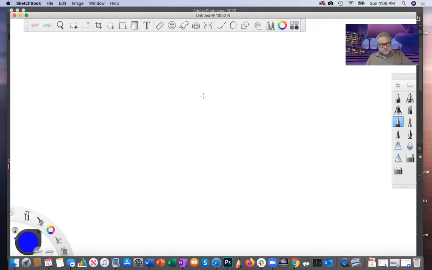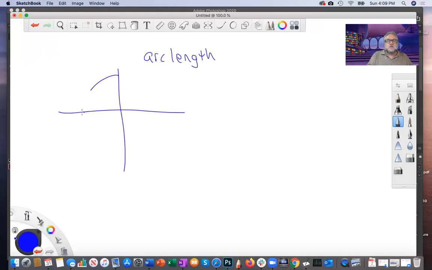You do you. Now, arc length. Arc length is, if we have a circle and we have an angle in this circle from here to here. Let's say we're at 60 degrees.